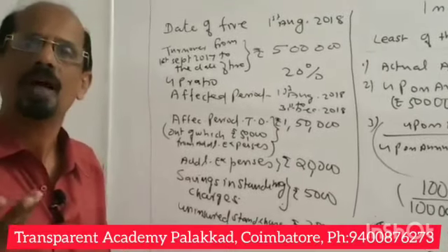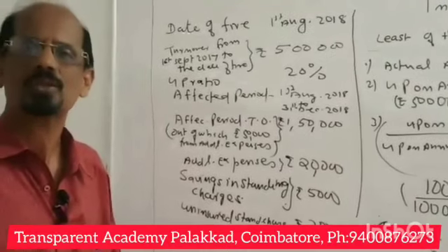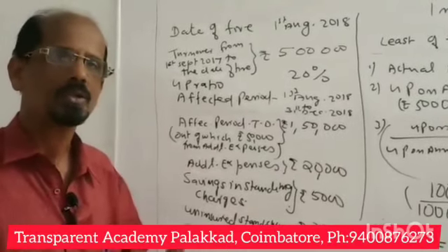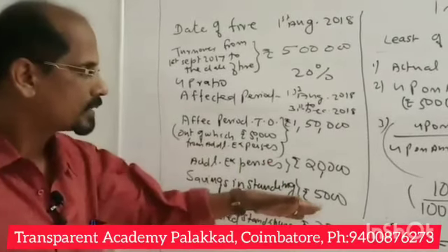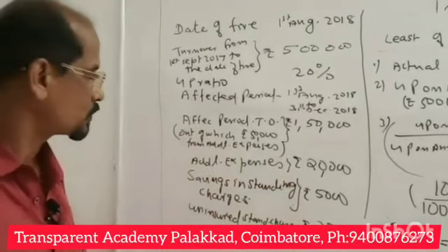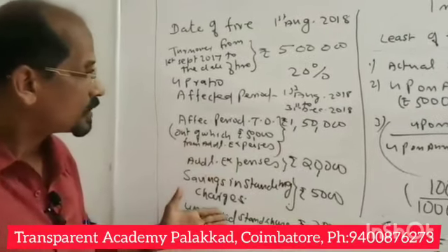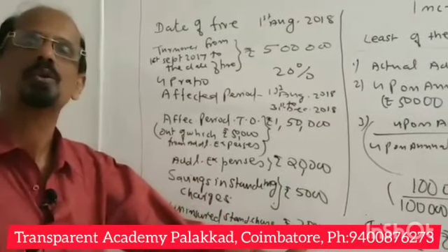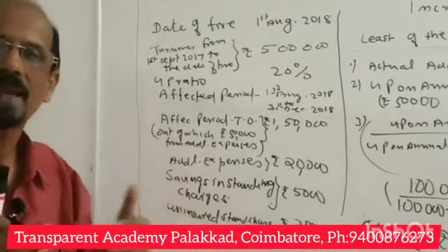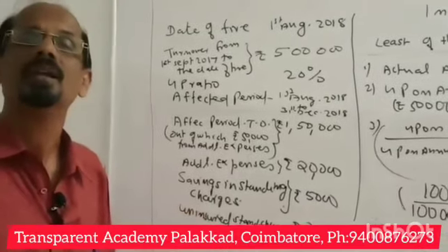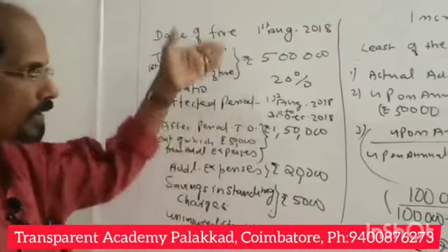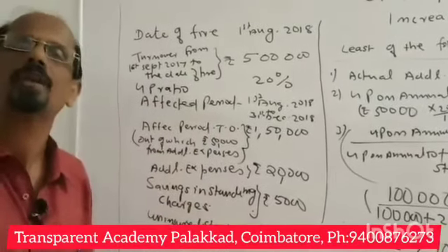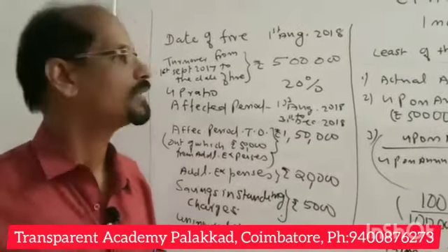So there may be savings in standing charges, say 5,000 in this case. Then uninsured standing charges may also be given in the problem, that is, standing charges not mentioned in the insurance policy, say 25,000. If all this information is given, how will you calculate the claim for additional expenses?